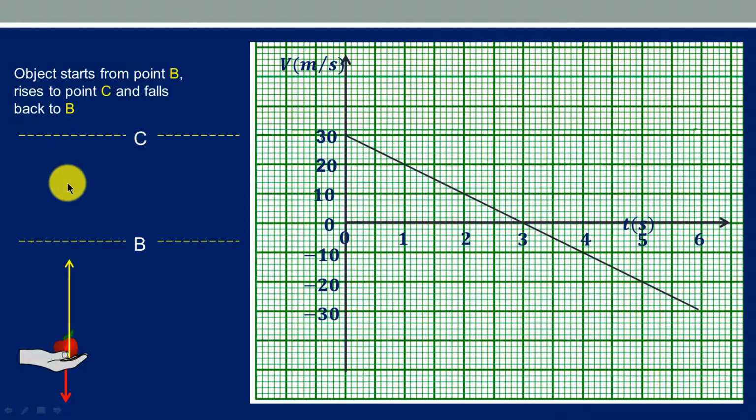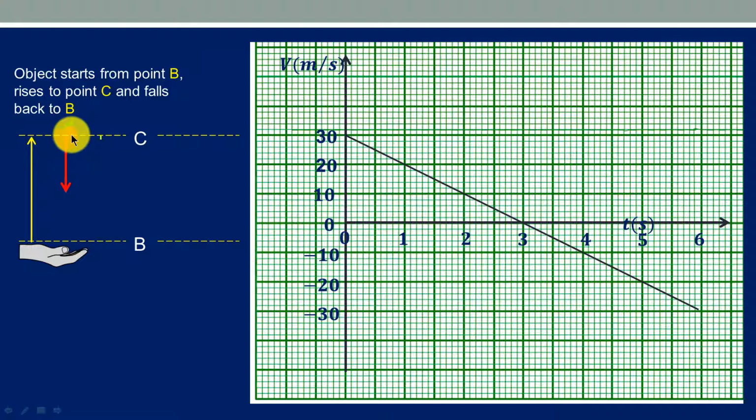But when the apple is moving downwards, the weight is also acting downwards, and that is why the apple accelerates downwards. So in this motion, the apple accelerates because the weight is acting downwards. It helps to accelerate the apple downwards.